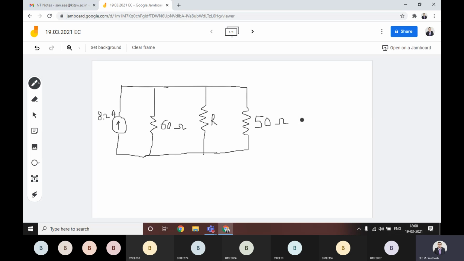First you draw this circuit, there you write what value of R, capital R, the resistance, ensures that the current through the 60 ohm resistor of this circuit is 1 ampere.